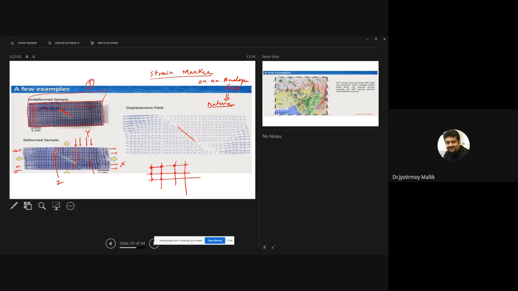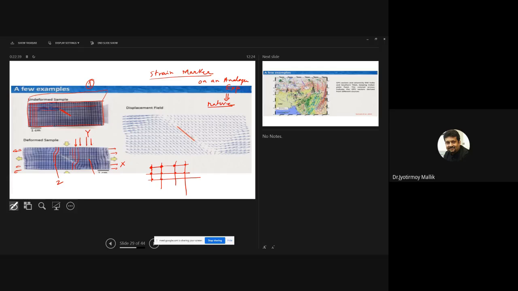This is my initial state, and then I can observe how these individual points have moved after my deformation. Which direction it has moved, how much it has moved, I can simply measure with a piece of scale, or I can do that with the help of image analysis software as well.